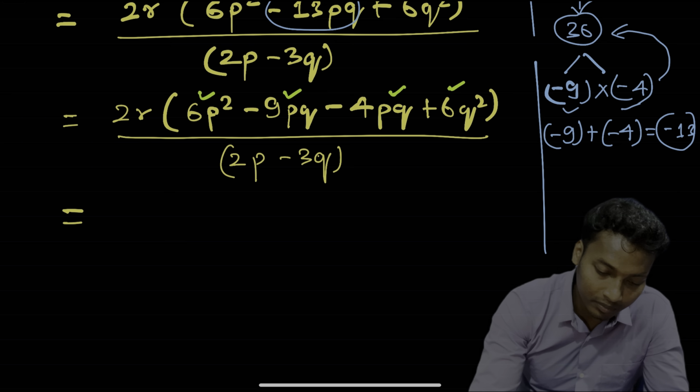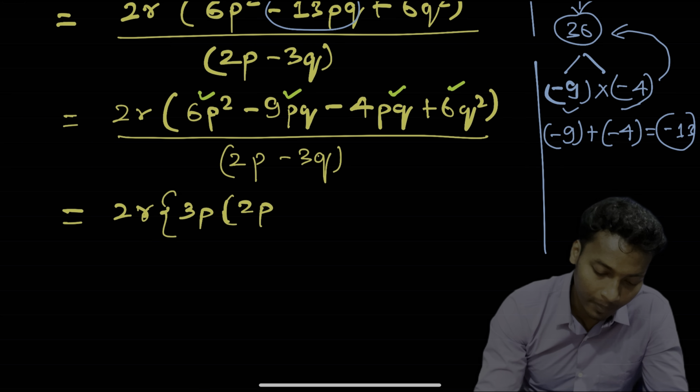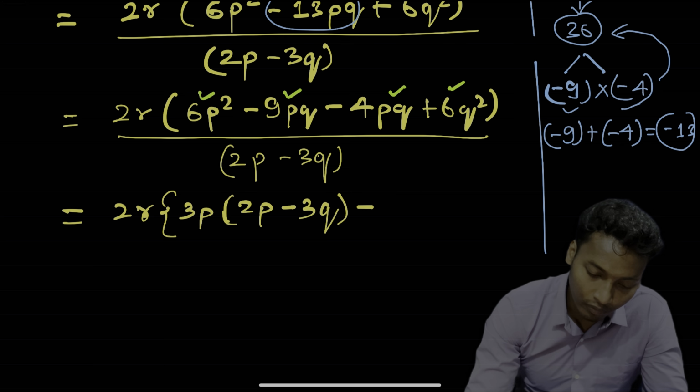Let's take the common thing out. So 2r, let's use a curly bracket. We can take out 3p: 3 twos are 6, and p for p², minus 3 threes are 9 and 1p we have already taken common, so we are left with q, minus 4 and 6.